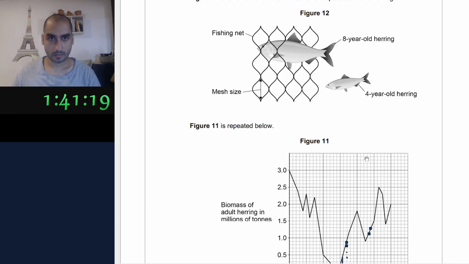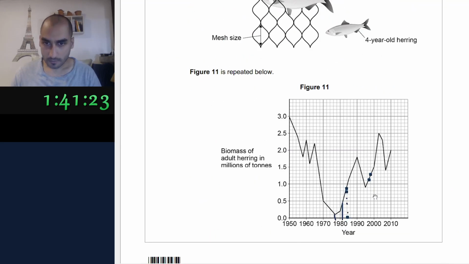Okay, what else? Fishing quotas, 1997. But I would say, at 1997, it doesn't look like that's actually affected the population much because it was already on an upward trend.